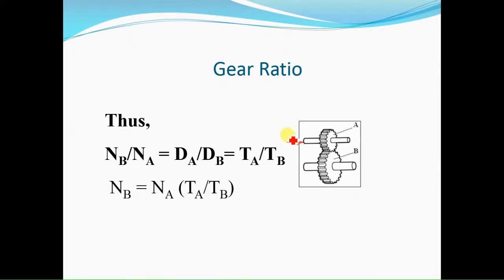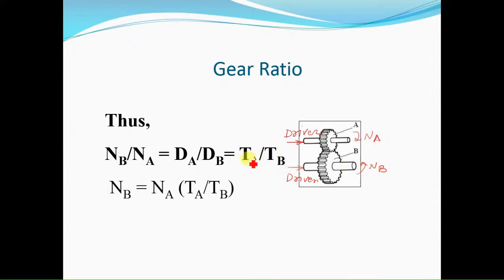Here, let us suppose gear A is the driver gear and this one is the driven gear. Here NA and NB are the two rotations. This is the number of revolutions of A, and this is the number of rotations of B.